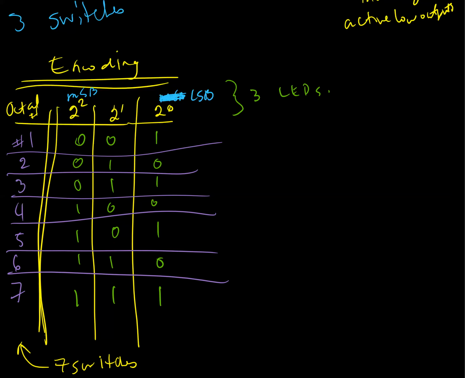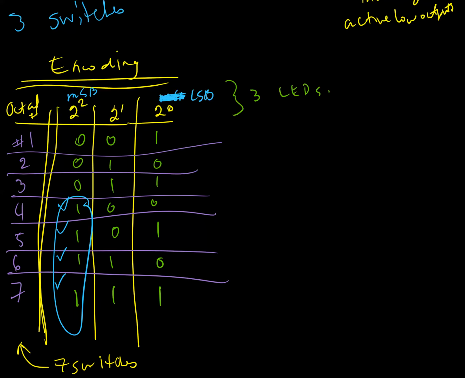So that is actually an OR condition, because take, for example, this most significant bit. If switch 4 or switch 5 or switch 6 or switch 7 is on, then we want this output to light up. And none of those switches are going to be on at the same time, and they don't need to be, it's just any one of them will trigger this output.